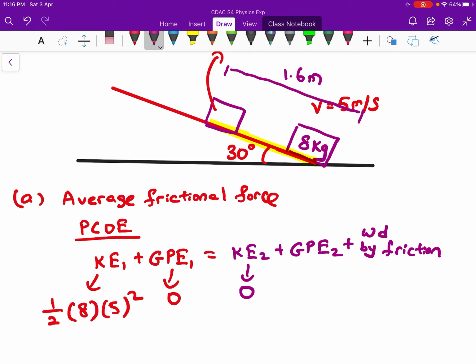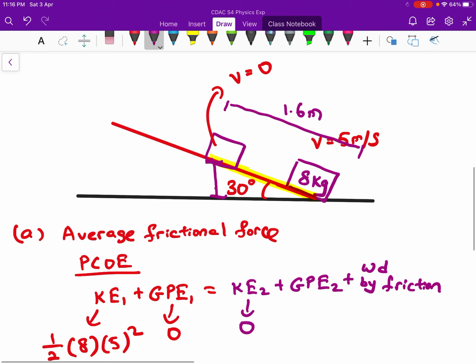For GPE2 is where we need to use trigonometry, because I need to calculate the height traveled by my box. This is a right angle triangle, so my hypotenuse is 1.6 meters.